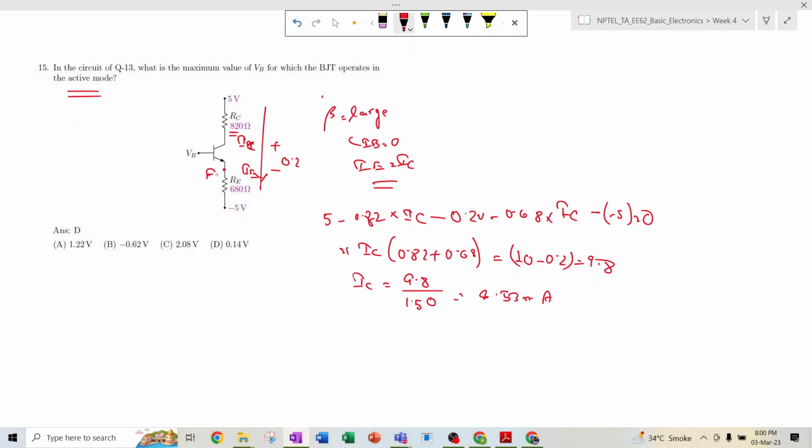So what is the voltage at VE? It is minus 5 volt plus this drop, 0.68 into IC. Just one second, I made a mistake.